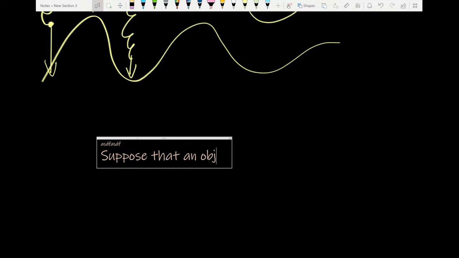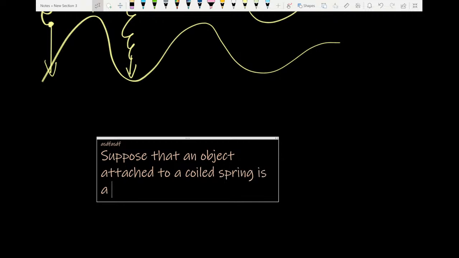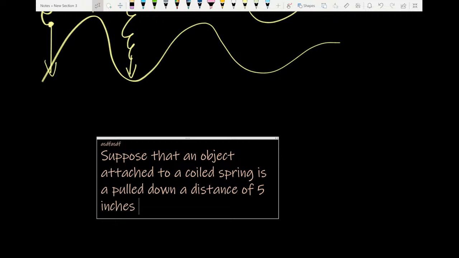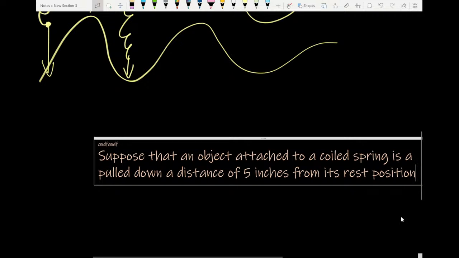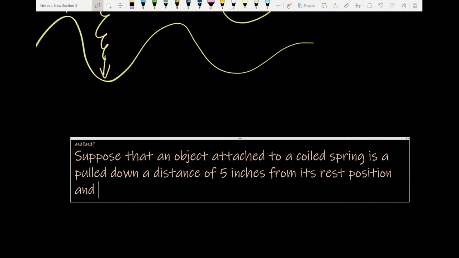Suppose that an object attached to a coil spring is pulled down a distance of 5 inches from its rest position and then released.